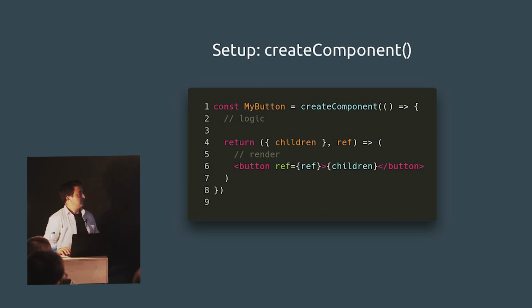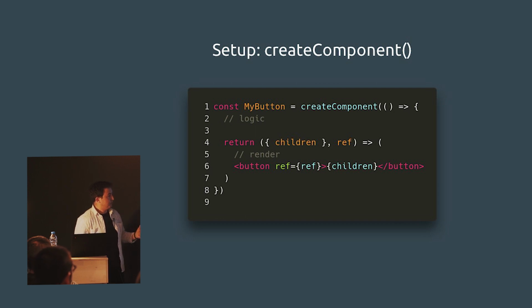So for a start, we start with createComponent. With createComponent, you mostly pass a function to it, and you put your logic, and then you return a function that will be your render function.